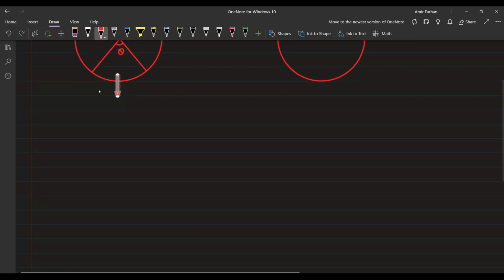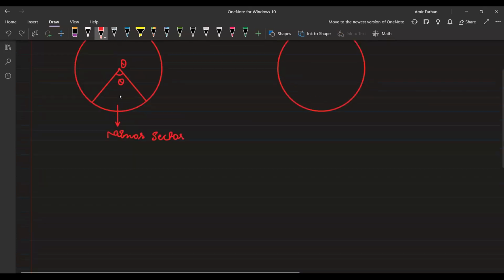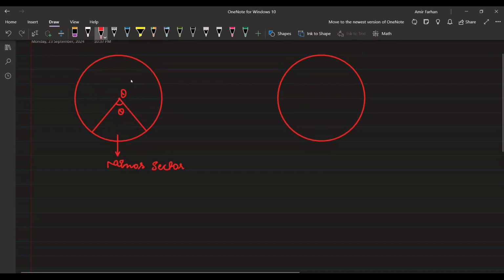And the upper portion is called the major sector.